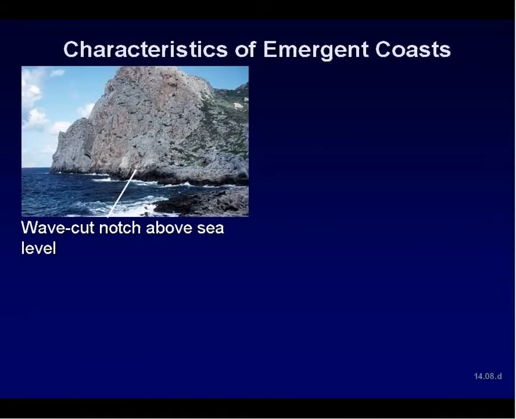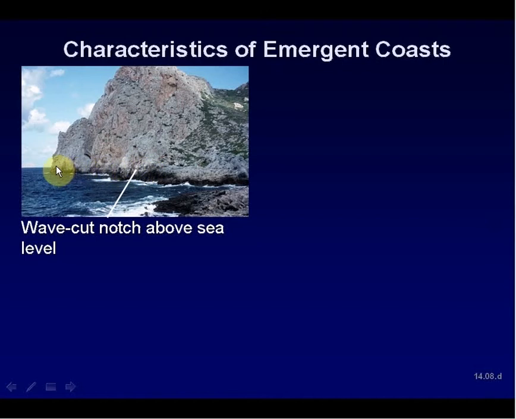What about emergent coasts? In the first example here we're showing very clearly in this photograph, if I can get my mouse to work, very clearly the linear feature here.